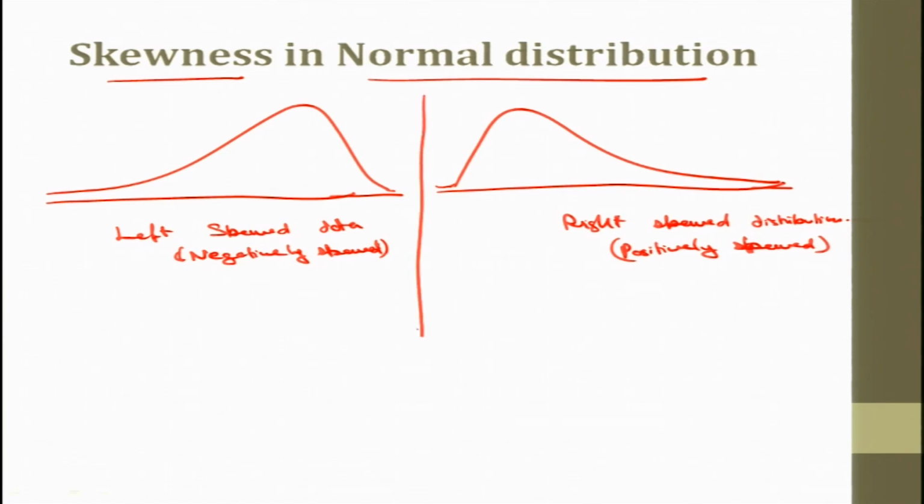So what does this mean? It implies this is actually the peak. Peak means this is the mode. I'll call mode MO. Mode remains at the peak. Mode is the value with the maximum frequency. And with the mode, I'll first talk about the right skewed distribution.